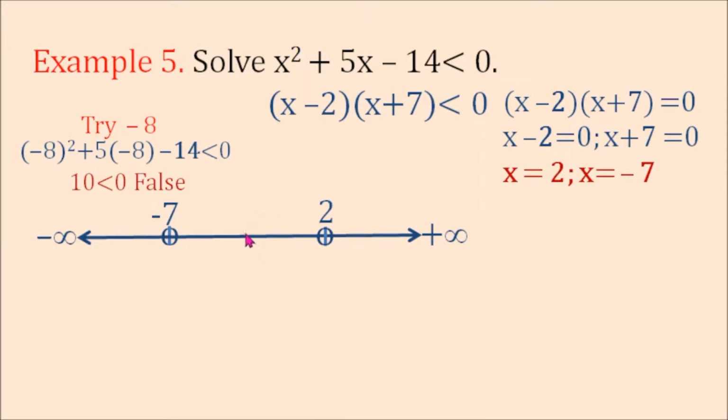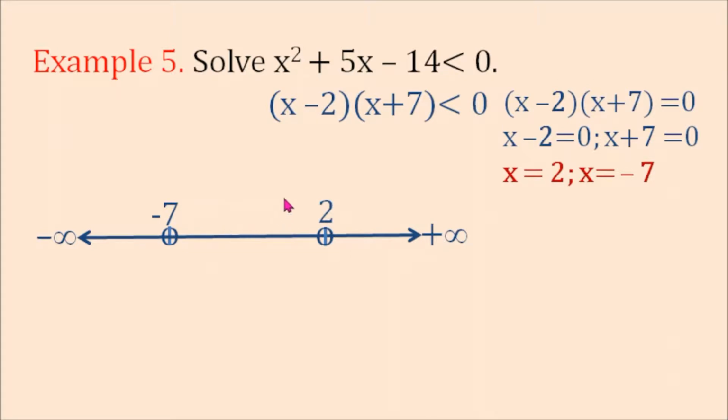Now let's try the second interval from negative 7 to 2. So we can try any number that is between these two numbers. So let's try 0. We are going to substitute all our x's here with 0, so that means 0 squared plus 5 times 0 minus 14.